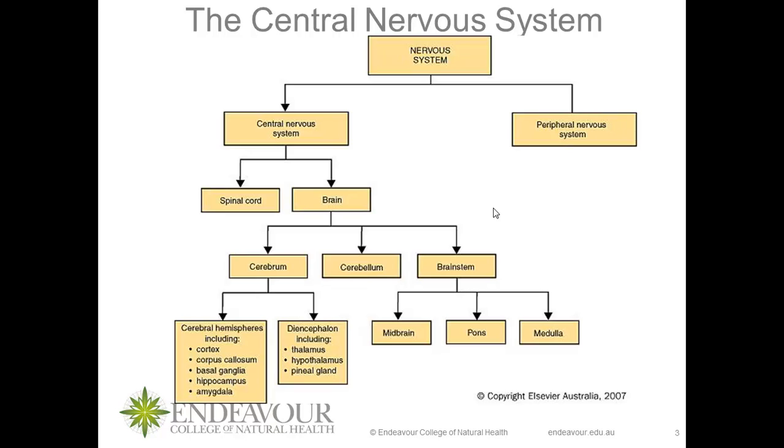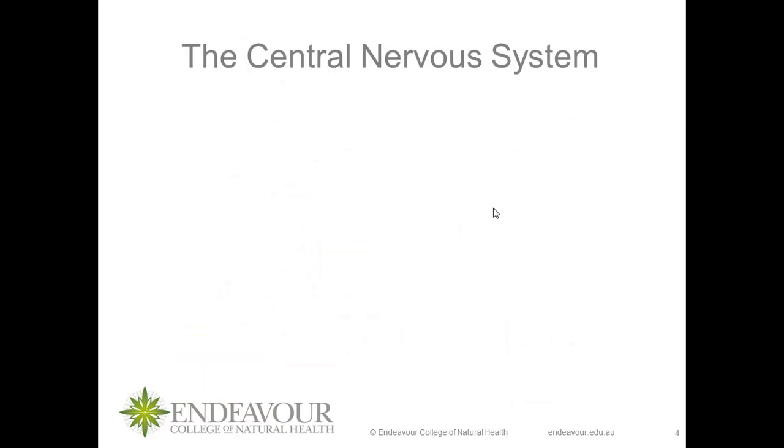Also awareness, wakefulness, consciousness, and so on. In the diencephalon, I want you to review the thalamus, the hypothalamus, which is so important in controlling and regulating endocrine functions, and in the diencephalon, also review the pineal gland.